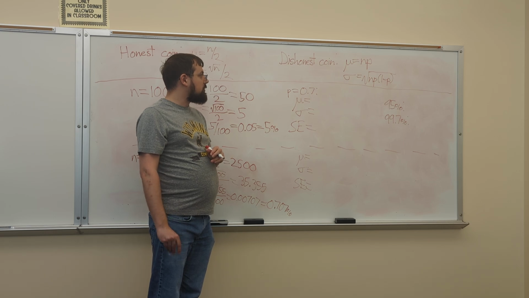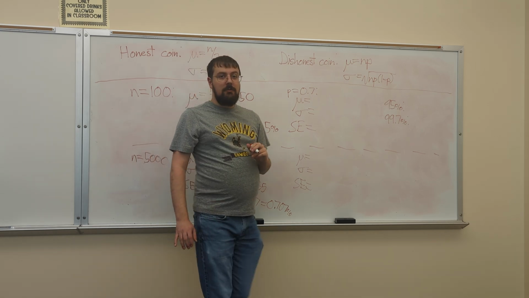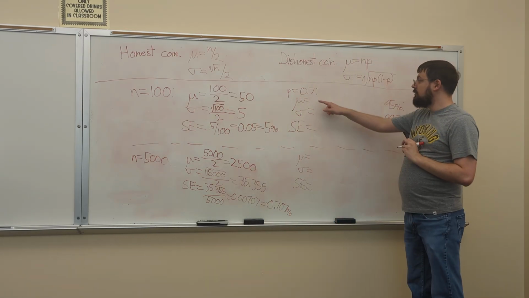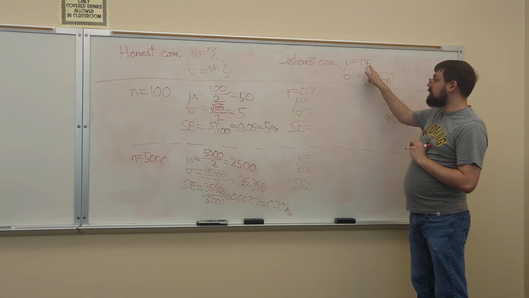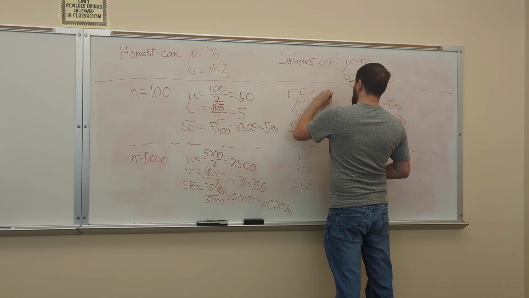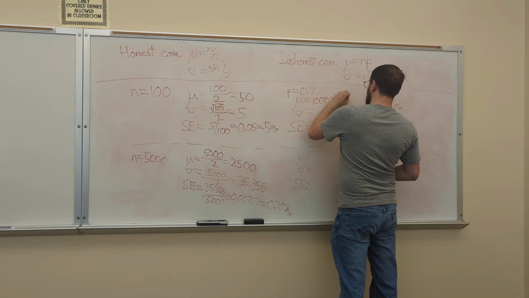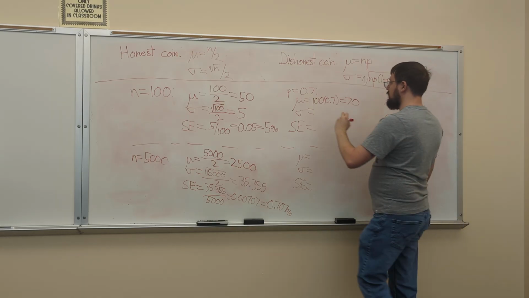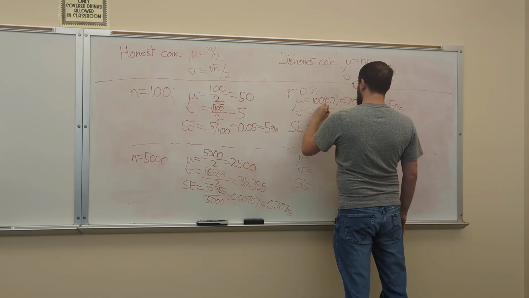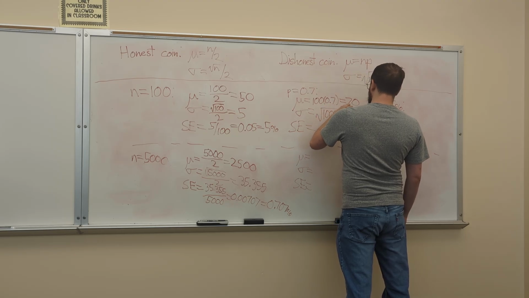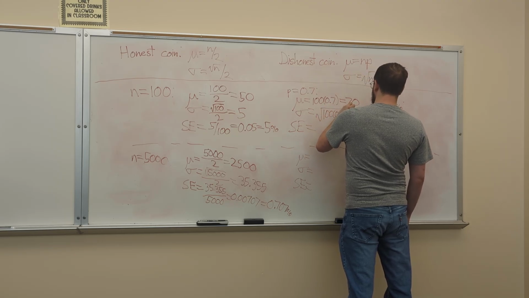So for this scenario, if we are doing 100 coin tosses per trial, mu would just be n, or 100 times 0.7. So 100 times 0.7 is going to give us 70. And then sigma is going to be square root of 100 times 0.7 times 0.3.